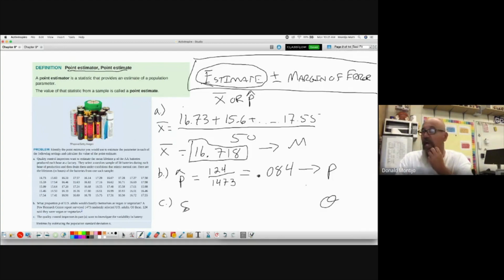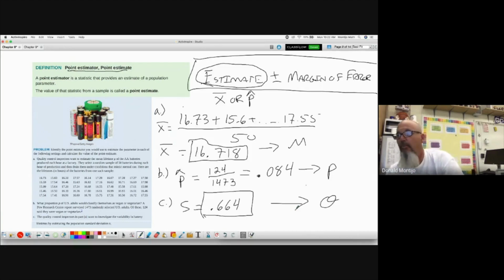So we just type it into the calculator once again, and we hit 1-Var Stats, and it comes up with a sample standard deviation s of 0.664. So this 0.664 is the unbiased estimator of sigma. s is the sample standard deviation, and it estimates the population's standard deviation. So that's how we would find the point estimator.